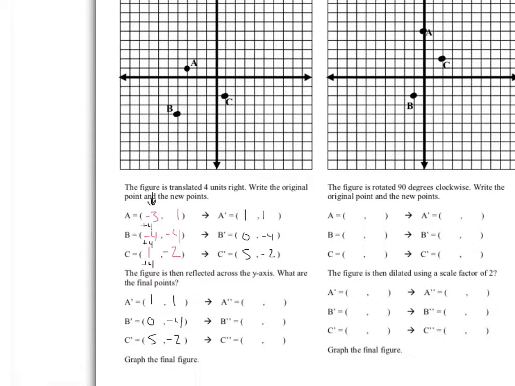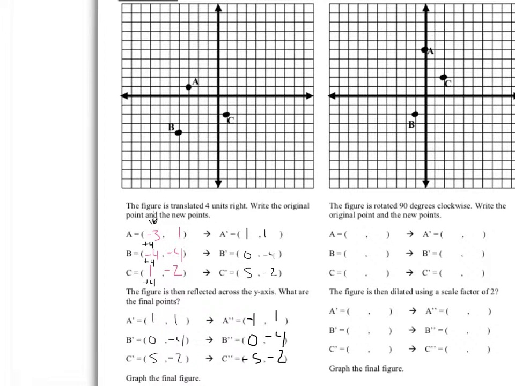So we should be changing the x-coordinate sign. So we should have -1, 0 doesn't change, -5, and the y stays the same: 1, -4, -2. And that's going to give us our reflection across the y-axis. So we can now graph these points. -1, 1.